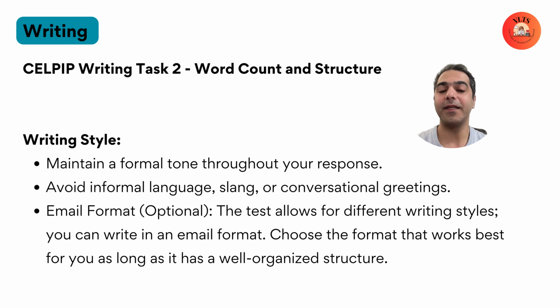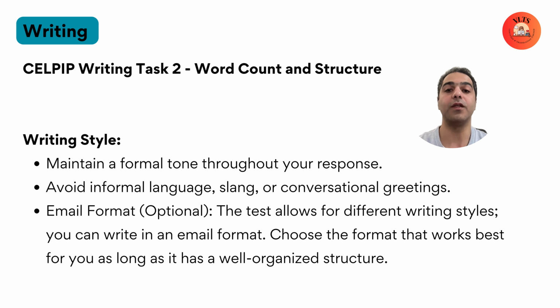Having a good writing style is another point that you have to take into consideration before taking the CELPIP exam. You know, always maintain a formal tone throughout your writing response. In task 2, avoid informal language like slang and conversational greetings. One more point that I have to mention here is that this test allows you to use different styles.